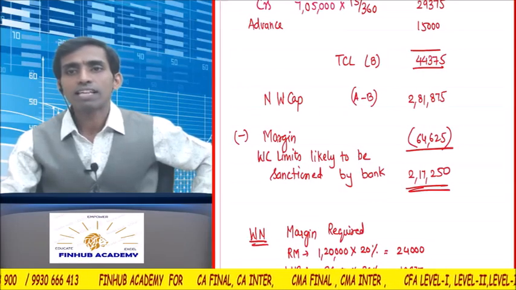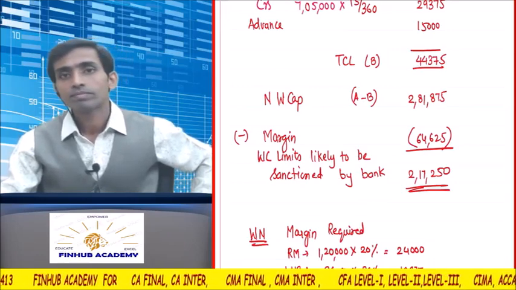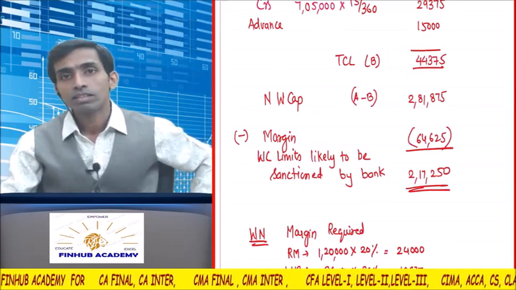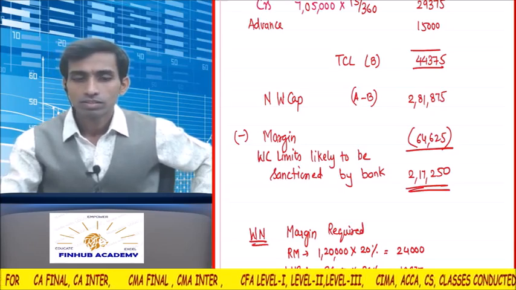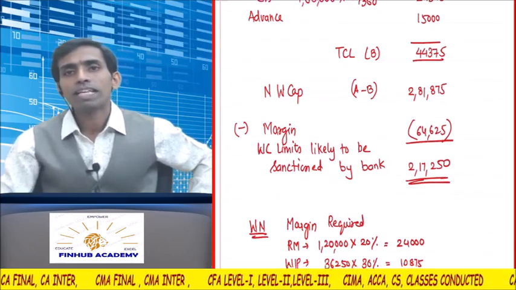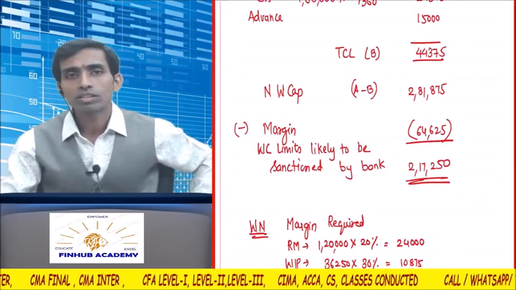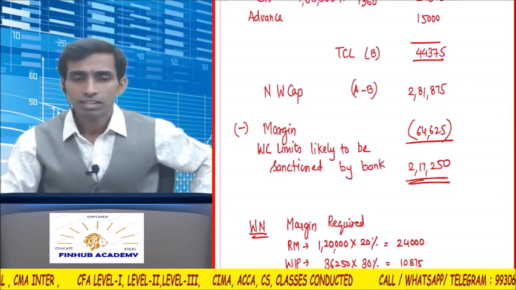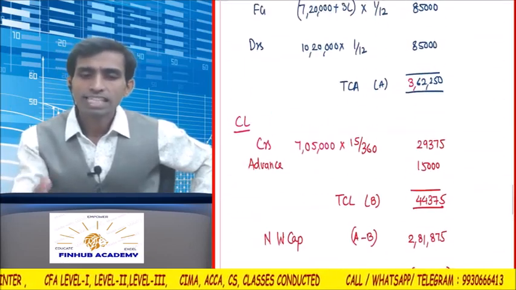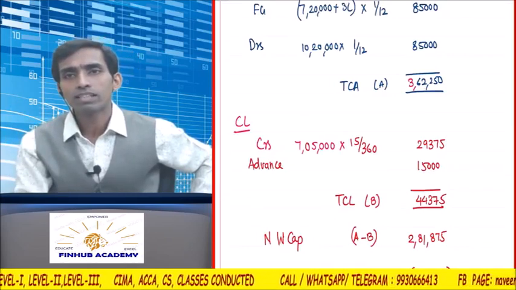In debtors, he is saying cost of production is not included. Is it so? Which sum are you talking about? I have taken the cost. 10 lakh 20,000 is what? Cost 7 lakh 20,000 plus labor and overheads.